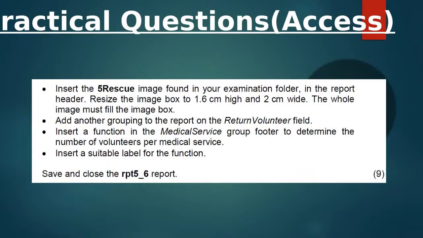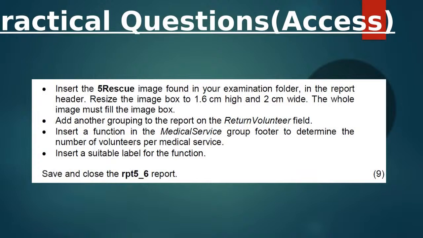Then you need to add another grouping to the report on this particular field. Insert a function into this particular group footer to determine the number of volunteers per medical service, and then insert a suitable label for the function.